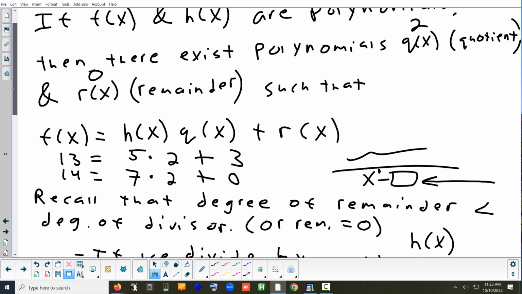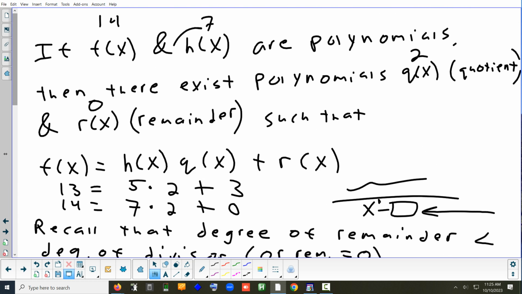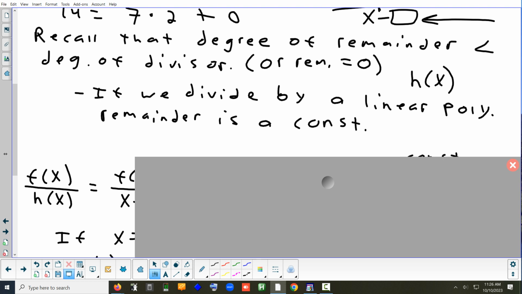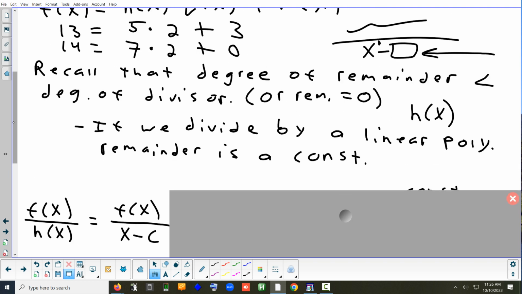So now instead of this just being anything random, it's going to be x minus a number. F of x can be any polynomial you want in the top, but you have to divide by something linear. This is the trick I'm going to show you. If you're going to divide by something more complicated than linear, then forget what I'm about to show you. It's not going to work.